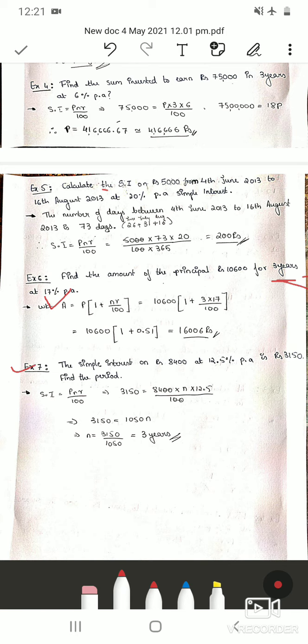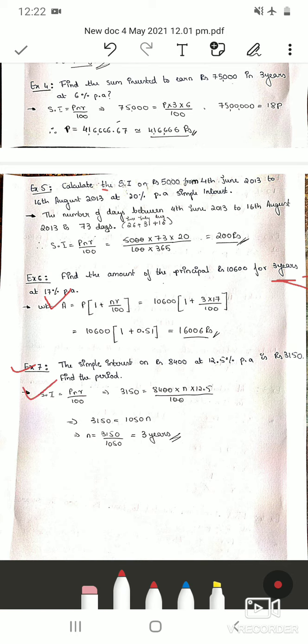The last problem for today is: the simple interest on rupees 8,400 at 12.5% per annum is rupees 3,150. Find the period. Here n is unknown. They have given the simple interest on 8,400, therefore this will be P. Rate is 12.5 and the simple interest is 3,150.